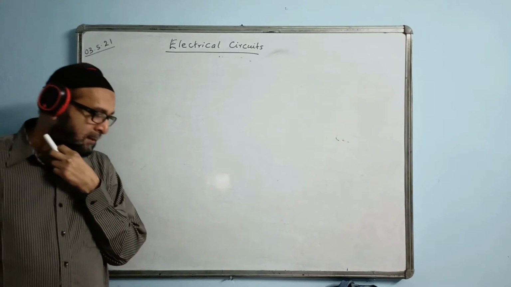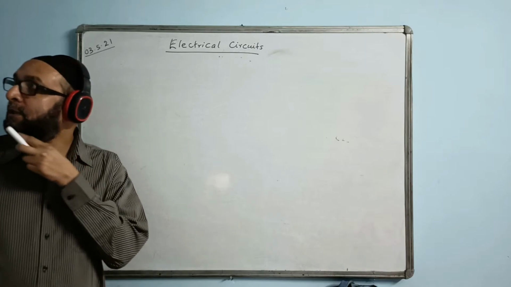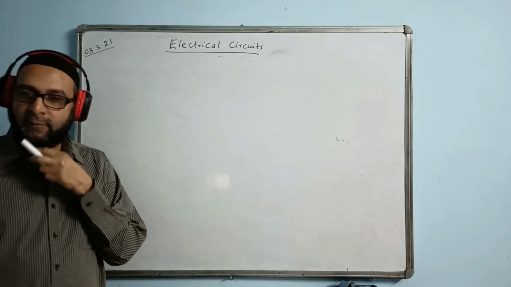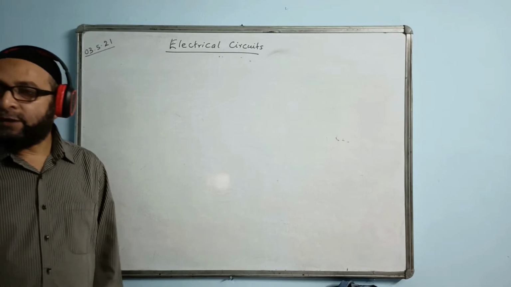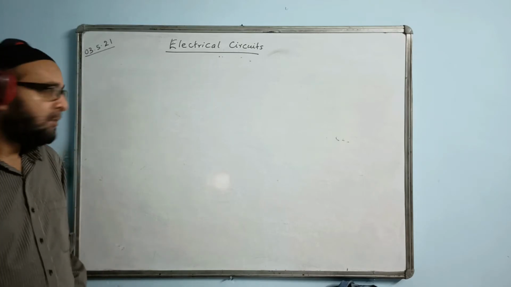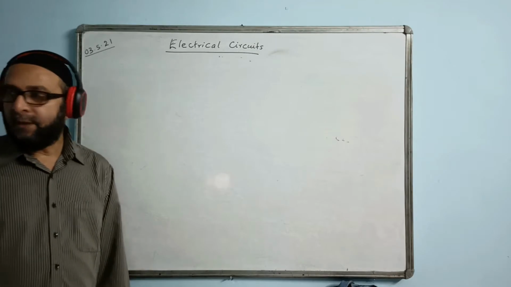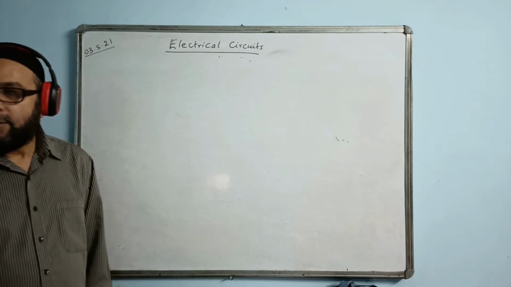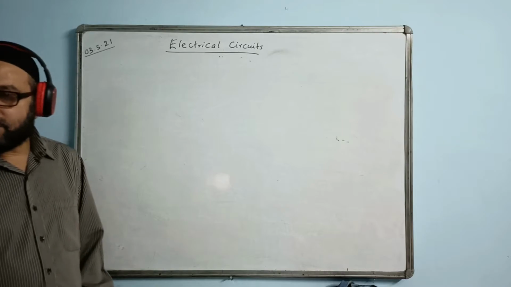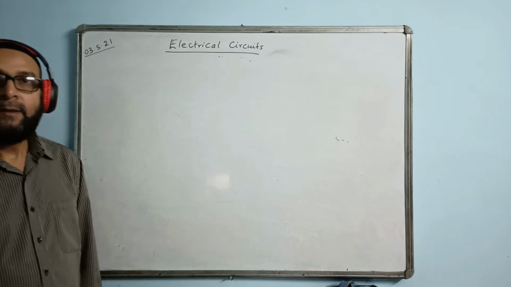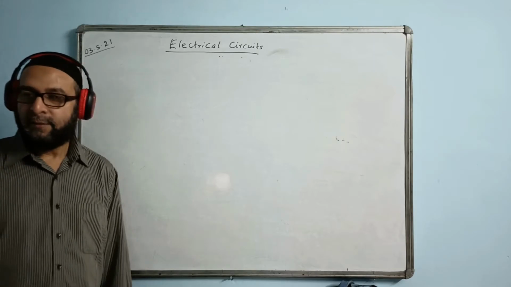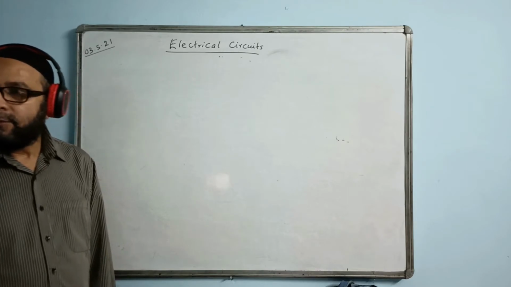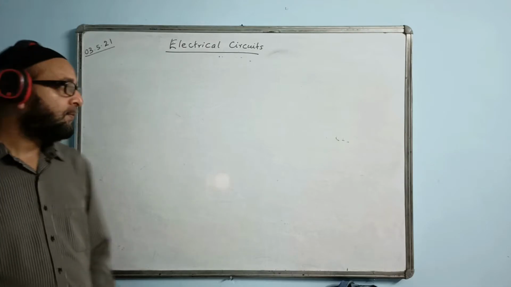Find the total resistance of the following cube between any two opposite corners, if capital R is equal to 2 ohm, and draw a diagram.